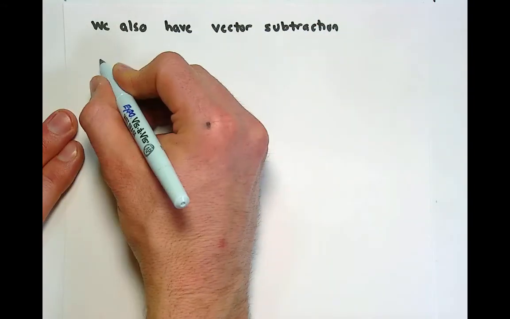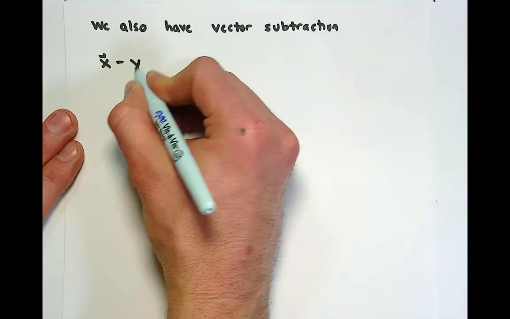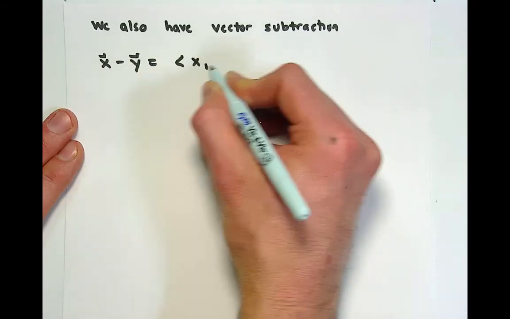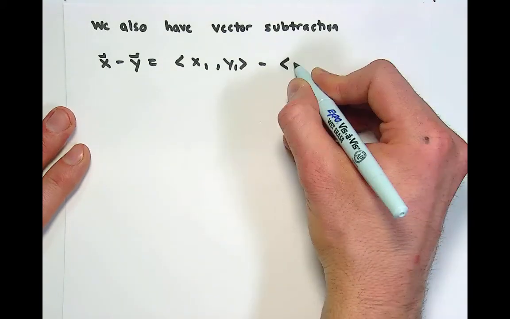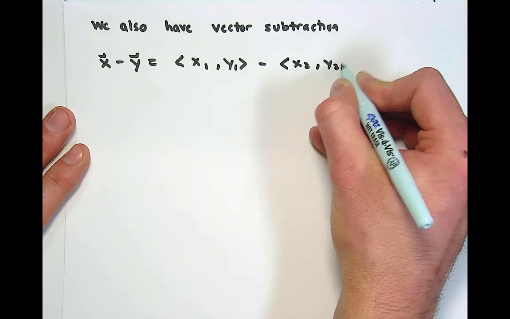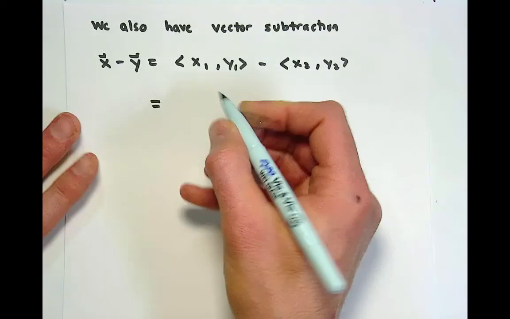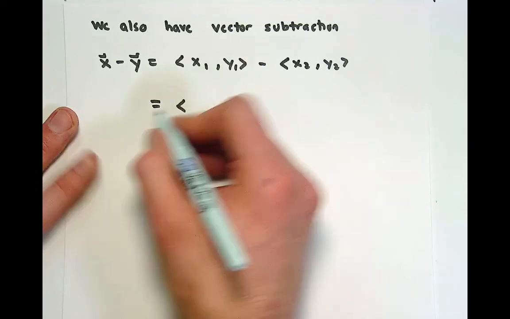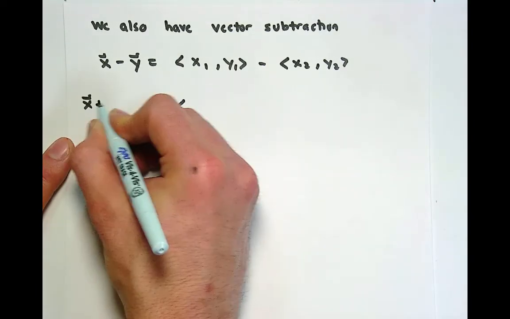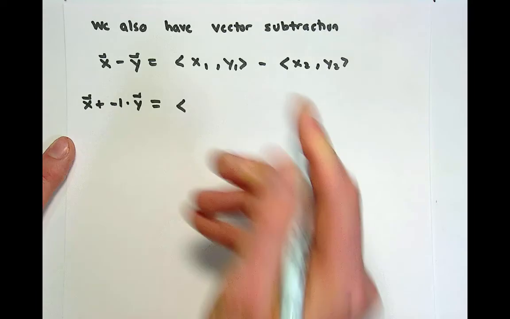So let's say that I had x minus y, where I called x (x1, y1), and y (x2, y2). The reason that I didn't show you this was that this is actually just x plus negative 1 times y.